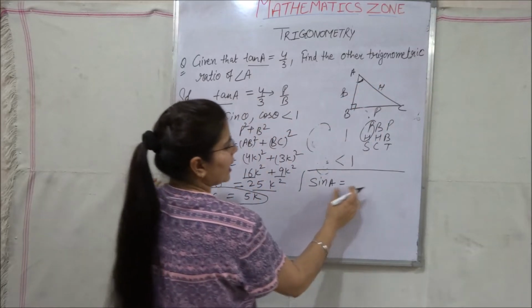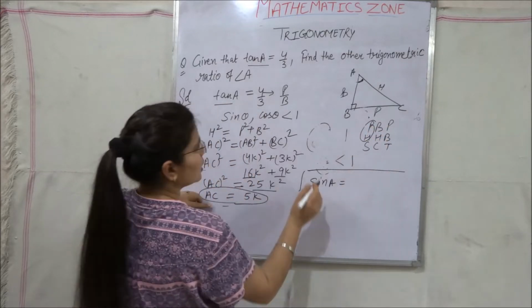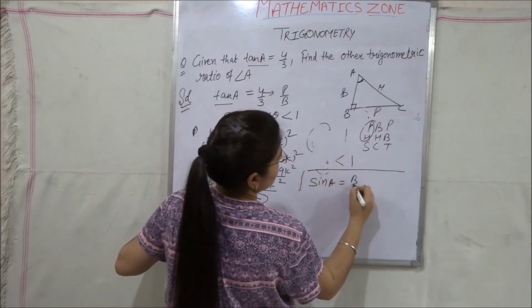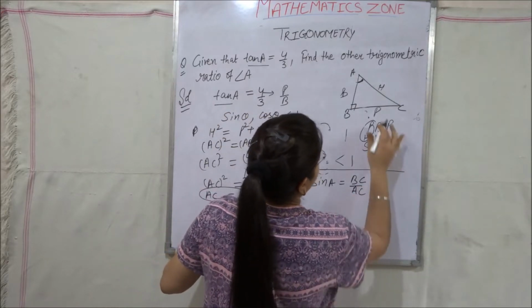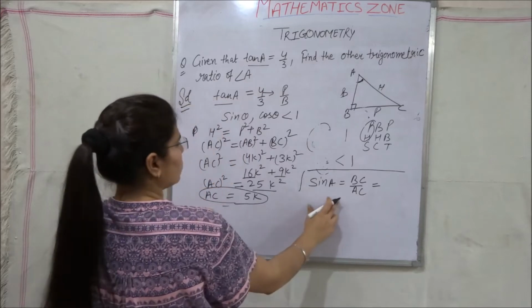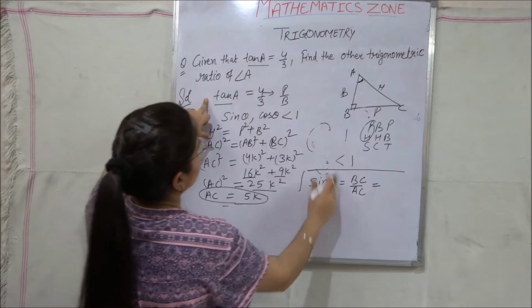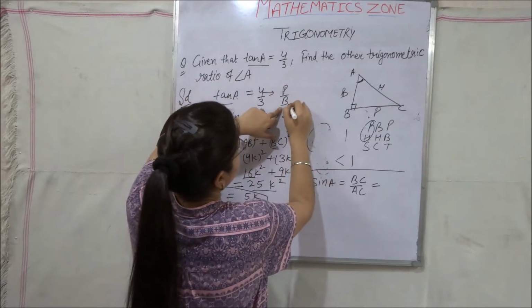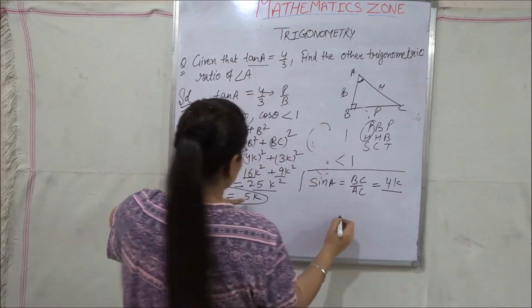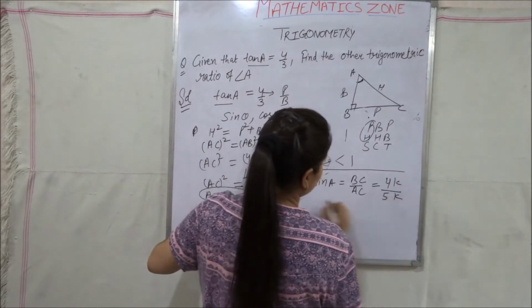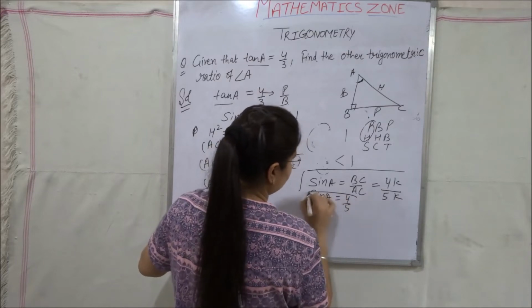So sin A will be P upon H. So perpendicular is BC, BC upon AC. So the value of BC is given to us, 4k upon 5k. So sin A will be 4 upon 5.